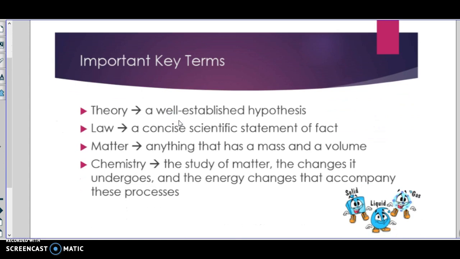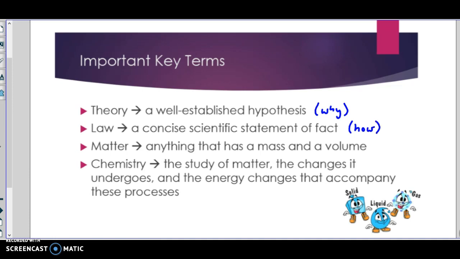Here are some additional key terms that are of importance. Please make sure you know these definitions. In addition to a theory being a well-established hypothesis, it also tells us why something is true. A law is a statement or fact that describes how something occurs.